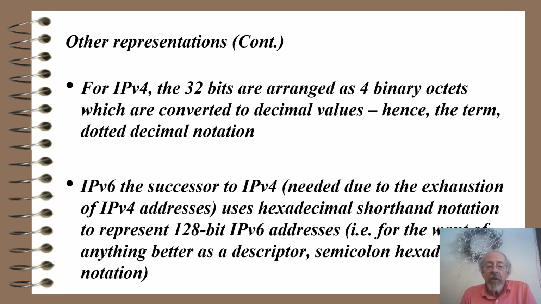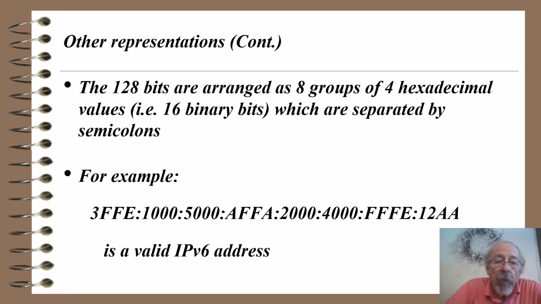So IP version 6 uses hexadecimal shorthand notation to represent 128-bit IP version 6 addresses. That is, for want of anything better as a descriptor, what we call colon hexadecimal notation. So the 128 bits are arranged as 8 groups of 4 hexadecimal values. 4 hexadecimal values represent 16 binary bits, which are separated by colons.